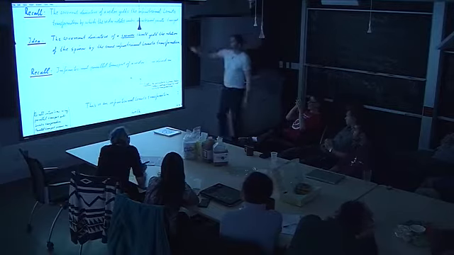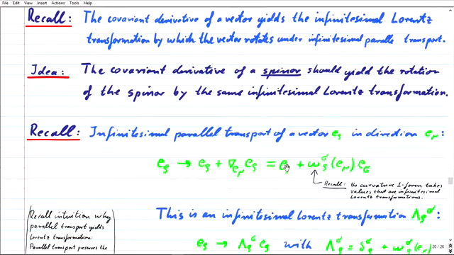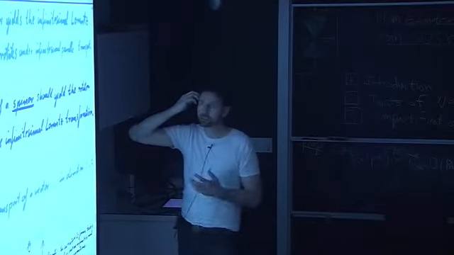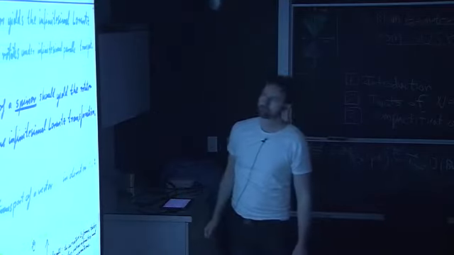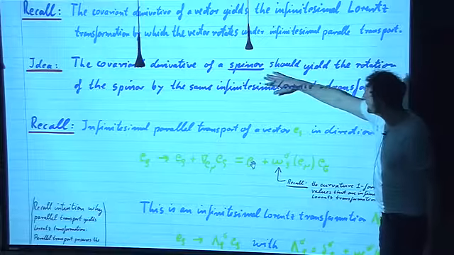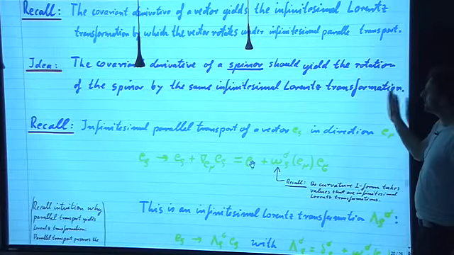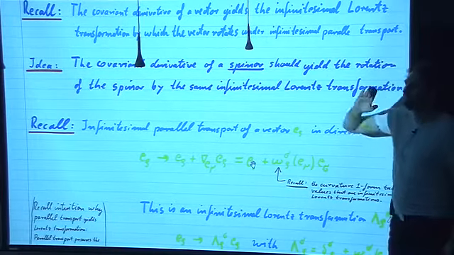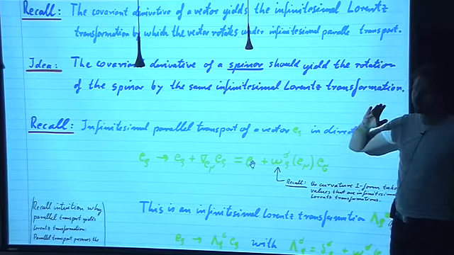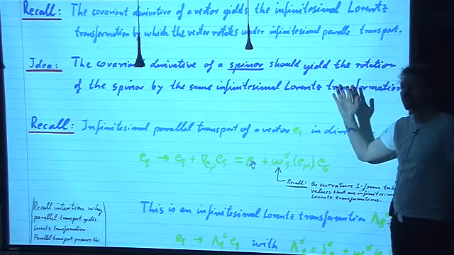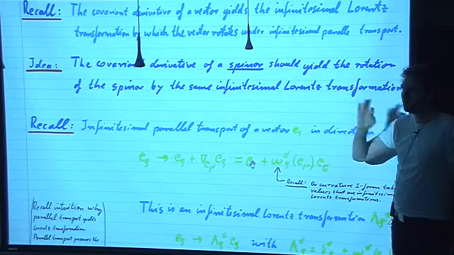Okay, so now the idea is to use this insight to calculate what the covariant derivative of a spinor is going to be. Namely, a spinor should be rotated by the same infinitesimal Lorentz transformation as any vector would be. So you do a parallel transport.